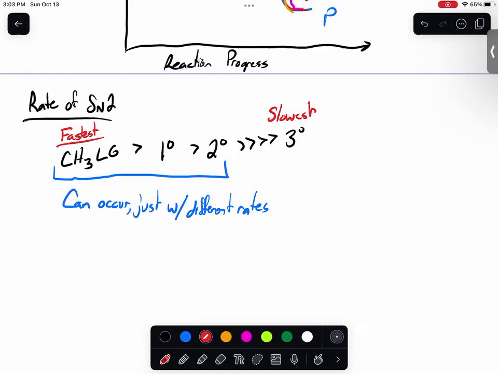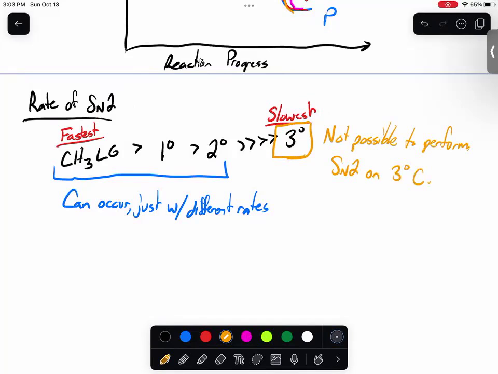That being said, there's one thing about SN2 that's really important, which is tertiary is so slow, it is actually not possible to perform SN2 on a tertiary carbon.